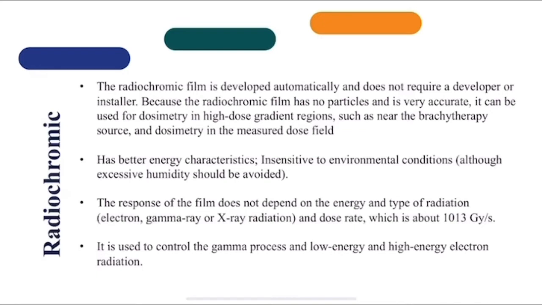The response of the film does not depend on the energy and type of radiation, electron, gamma ray, or X-ray radiation, and dose rate, which is about 10 to 30 gray per second. It is used to control the gamma process and low energy and high energy electron radiation.